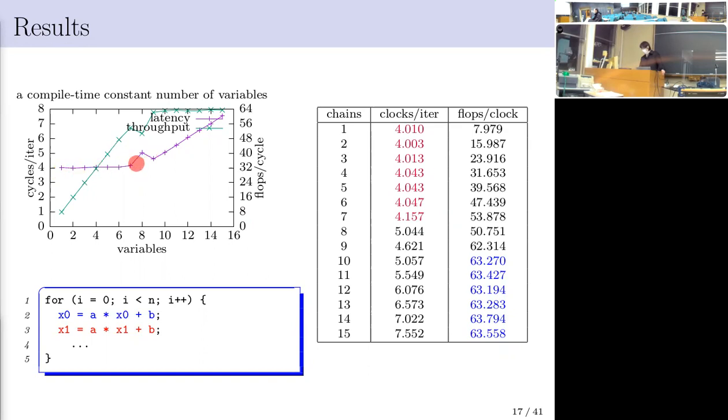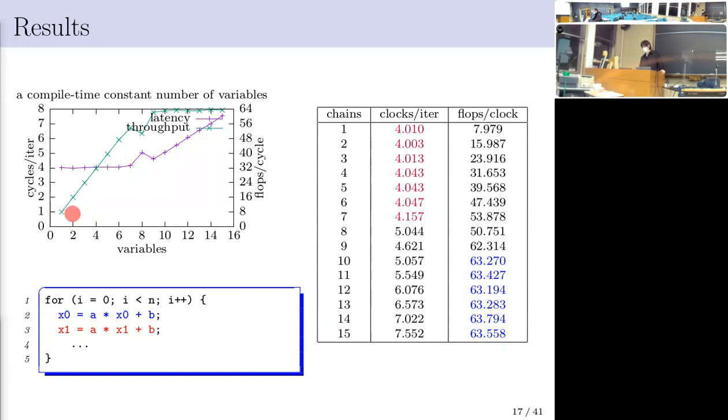This purple line indicates the number of cycles it takes per iteration. Like I said, if you increase the number of variables, the amount of work you're doing increases. Nevertheless, the cycles per iteration stays exactly at 4 cycles, which is precisely the latency of a single FMA.